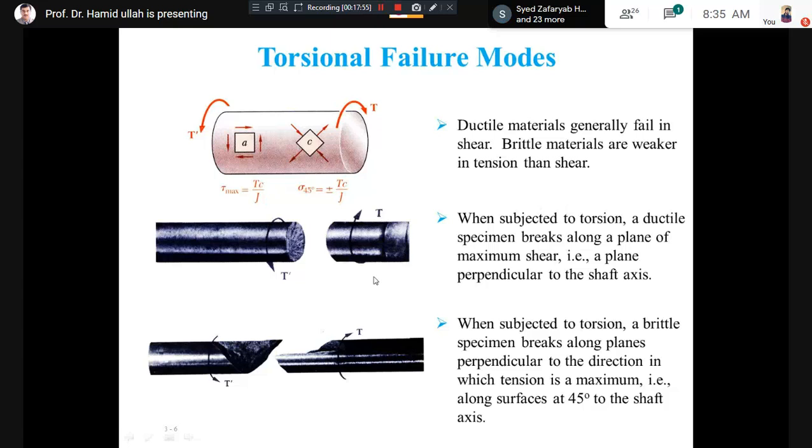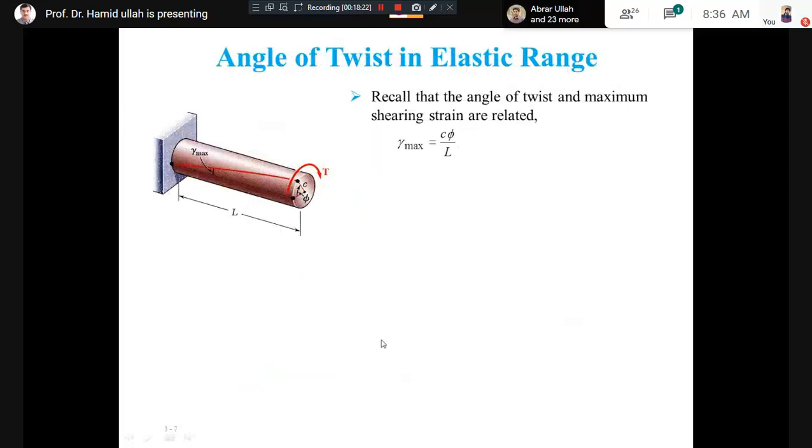In that you will learn that the maximum shear stress theory is used for failure prediction in ductile material, because the failure is occurring because of maximum shear stress. And for brittle material, there is a theory called the maximum normal stress theory. These are theories you will learn inshallah in the second part of this course.